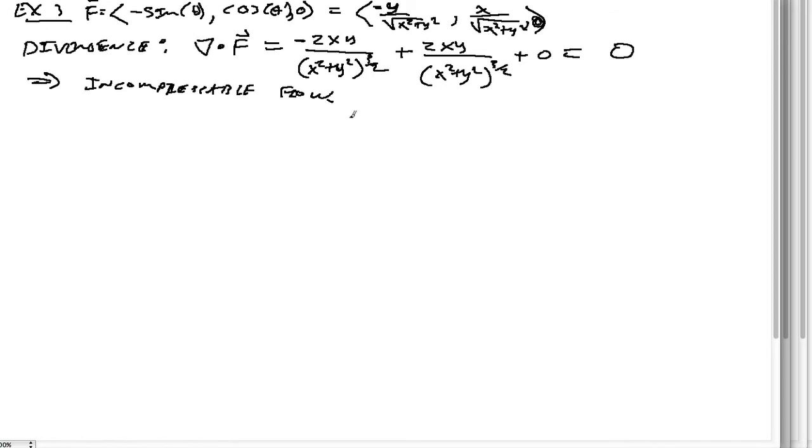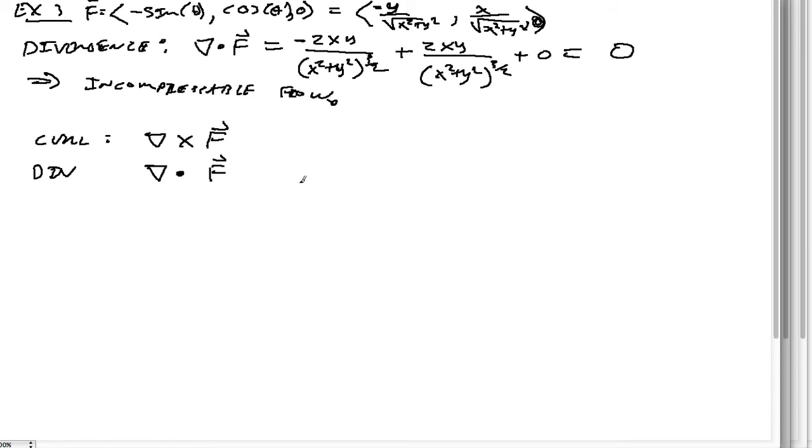All right, so those are a few examples of our new tools: the curl, which is the cross product of the gradient operator with the vector field, and the divergence, which is the dot product of the gradient with f.